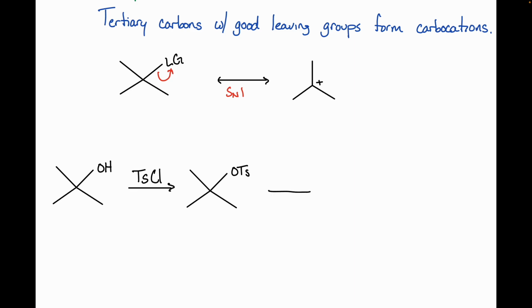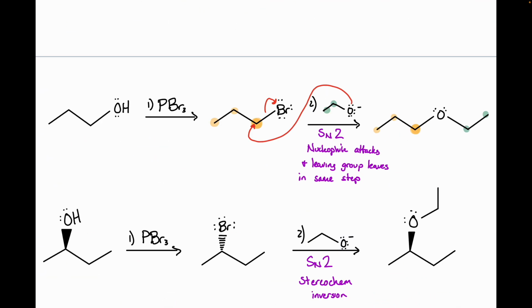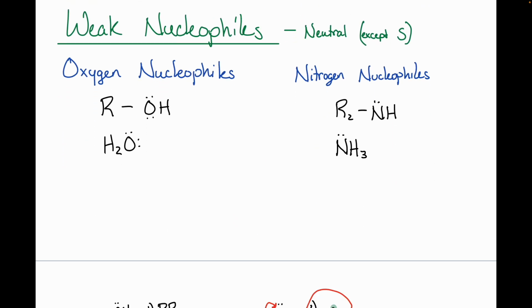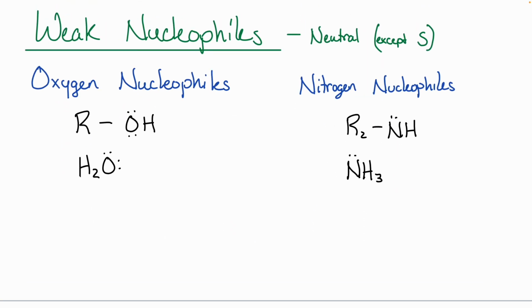Which will then form those carbocations that we can react with any of our nucleophiles. And importantly, we're going to note that we can also use, and actually it is preferable to use in many circumstances, weak nucleophiles.